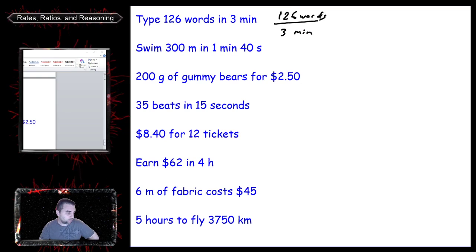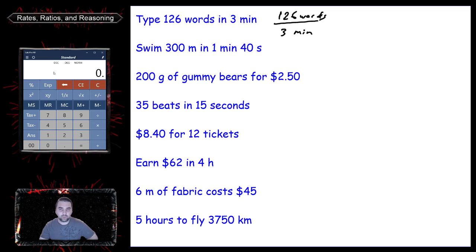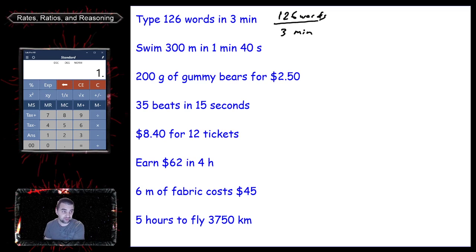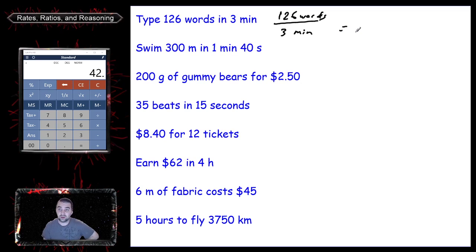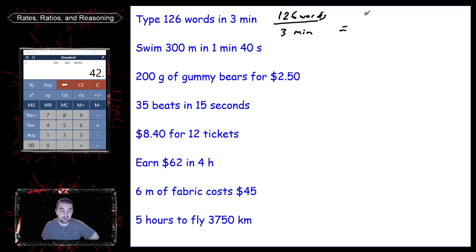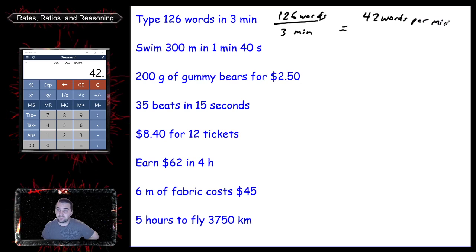But I'm quite certain that we can actually divide that, right? 126 divided by 3 is 42. So if we look at our unit rate there, it actually works out very nicely. We have 42 words per minute.